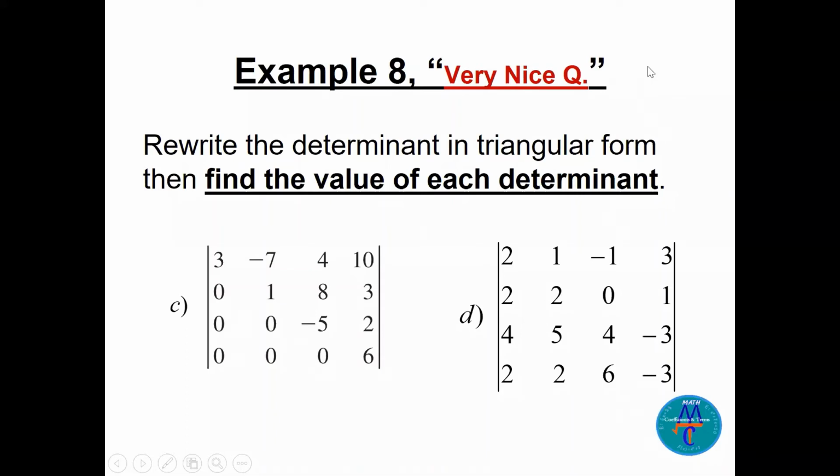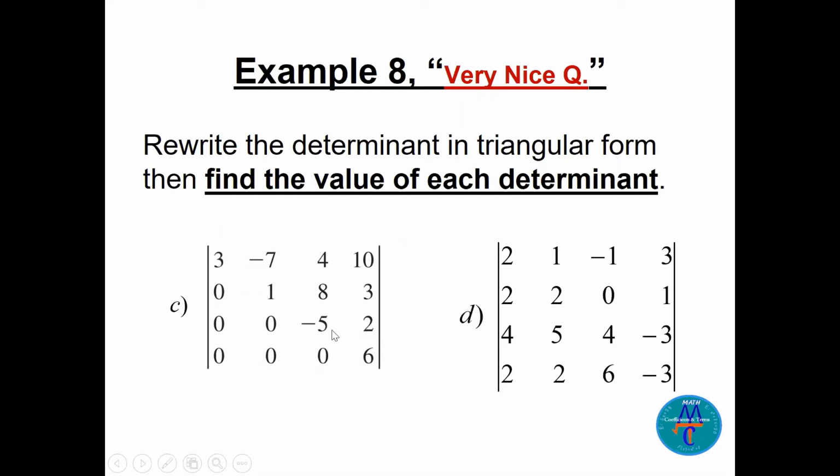Now, this is a really nice example, number 8. Rewrite the determinant in a triangular form, then find the value of each determinant. Look at C and D. There are 2 parts. What do you notice, guys, here? So easy to notice something. In C part, it's already written in triangular form.